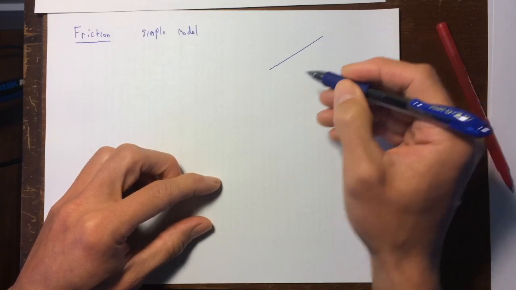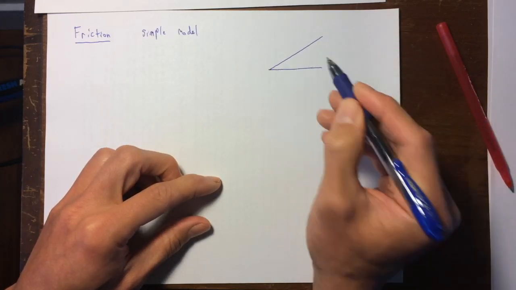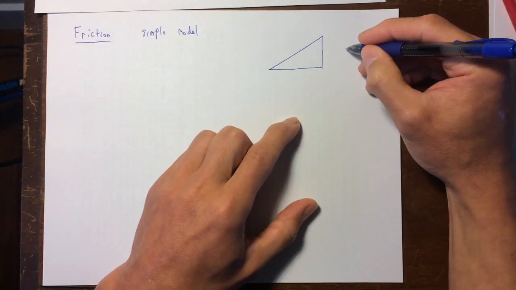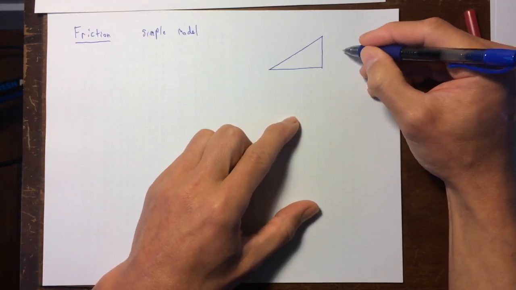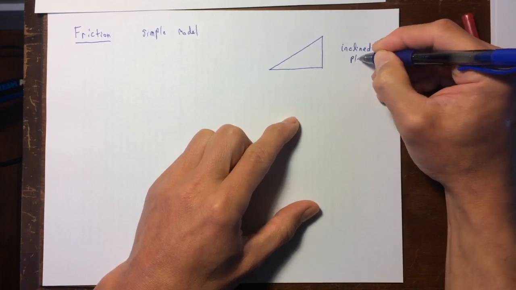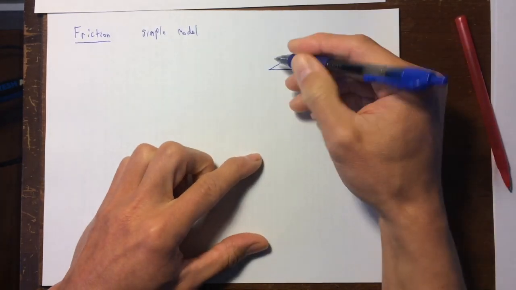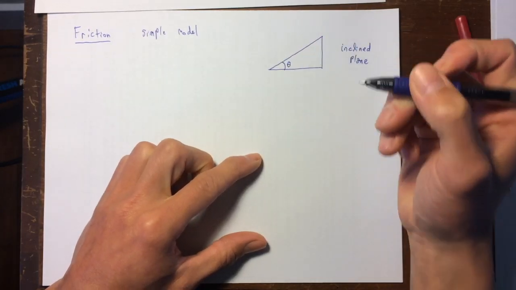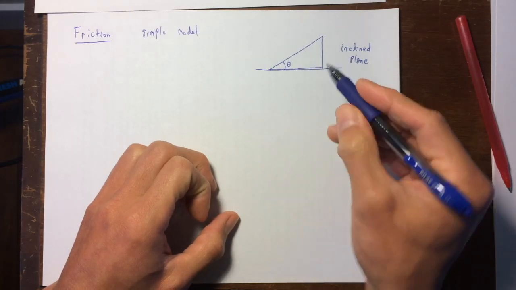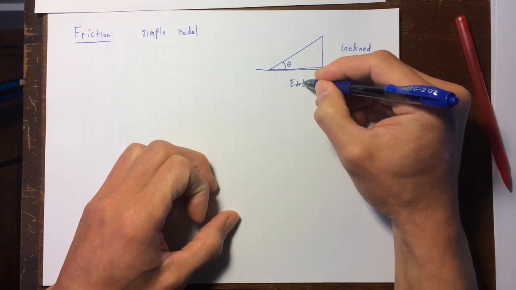So the idea is I've got what's often referred to as an inclined plane or wedge, inclined at some angle theta, on the Earth.